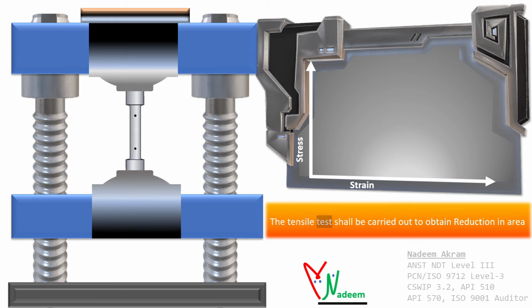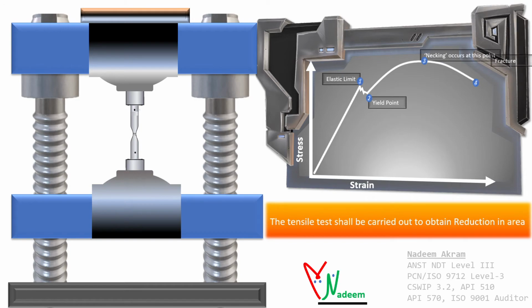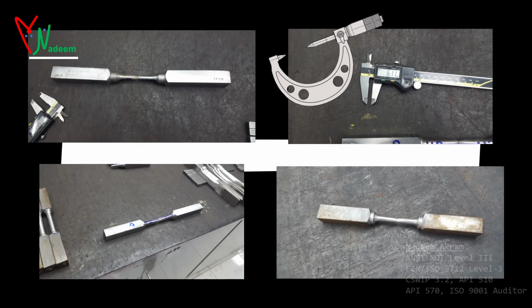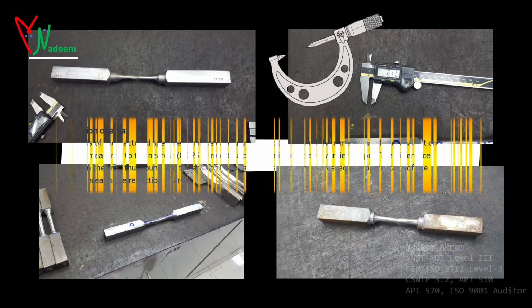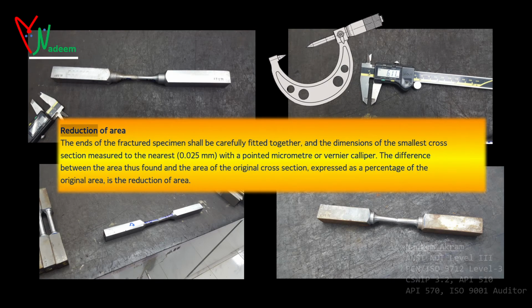The tensile test shall be carried out to obtain reduction in area. Reduction of area: the ends of the fractured specimen shall be carefully fitted together, and the dimensions of the smallest cross-section measured to the nearest 0.025 mm, with a pointed micrometer or vernier caliper.